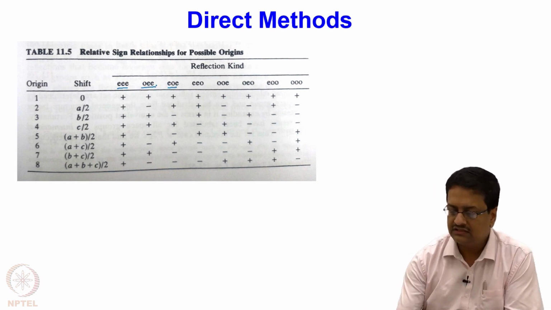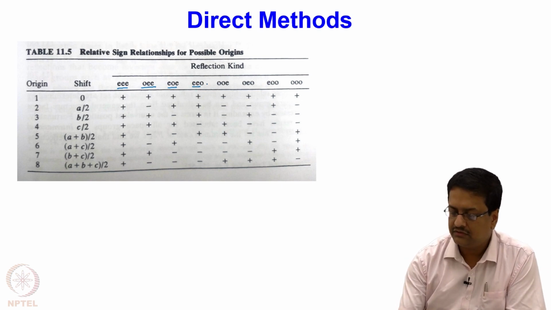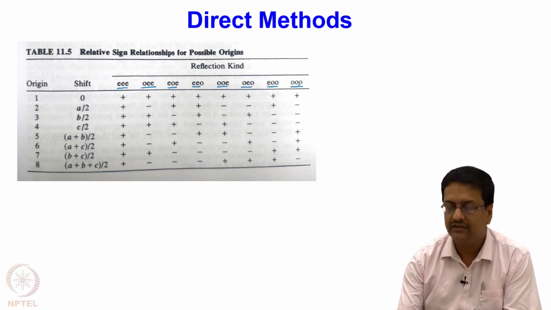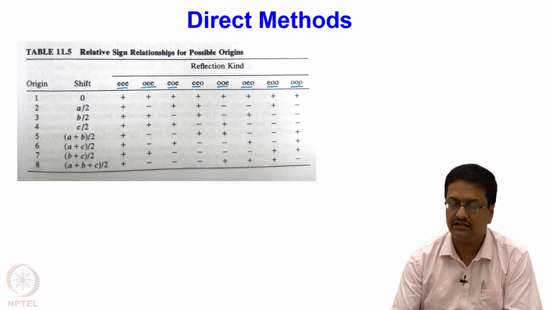So in this case, there are different possibilities of the HKL reflections having the indices as all even or all odd or combinations of odd and even.